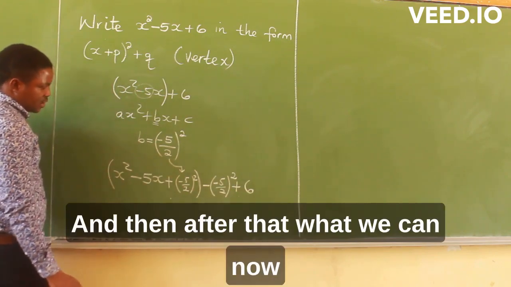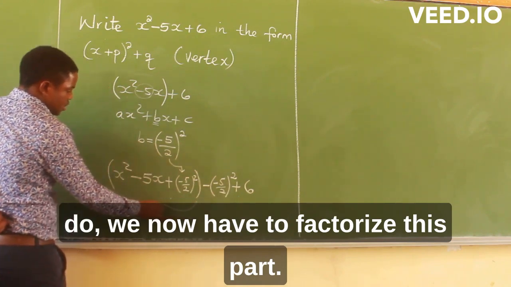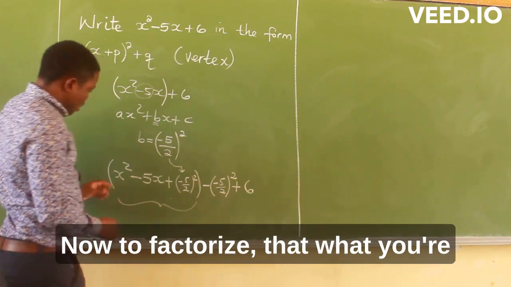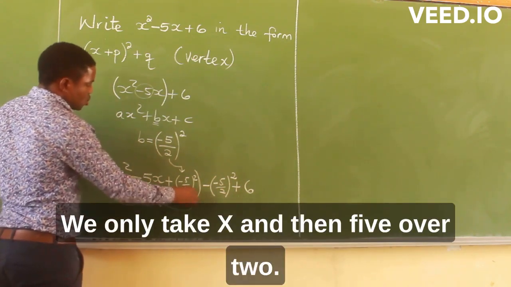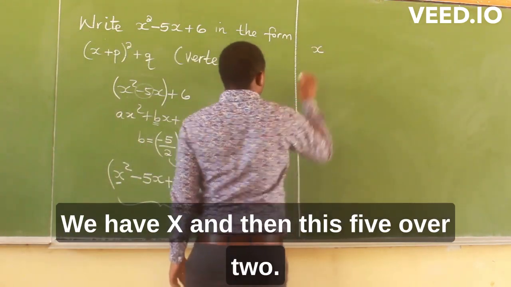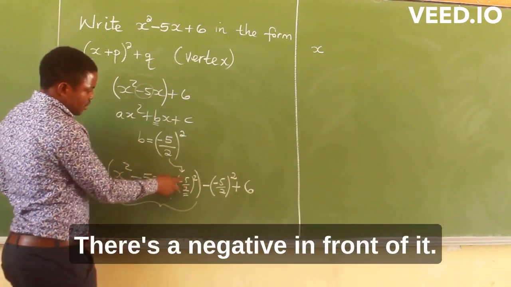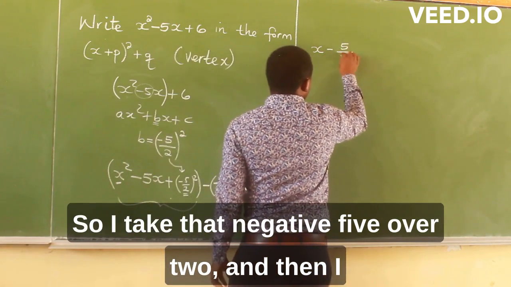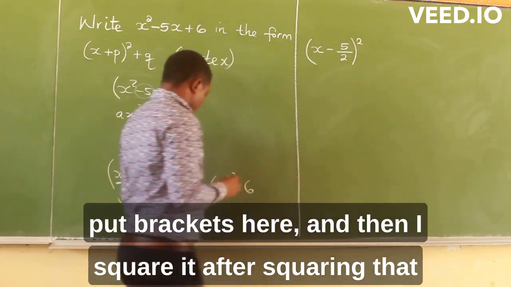And then after that, we have to factorize this part. To factorize that, we only take x and then 5/2. I write x, and this 5/2 has a negative in front of it, so I take -5/2, put brackets here, and then square it.